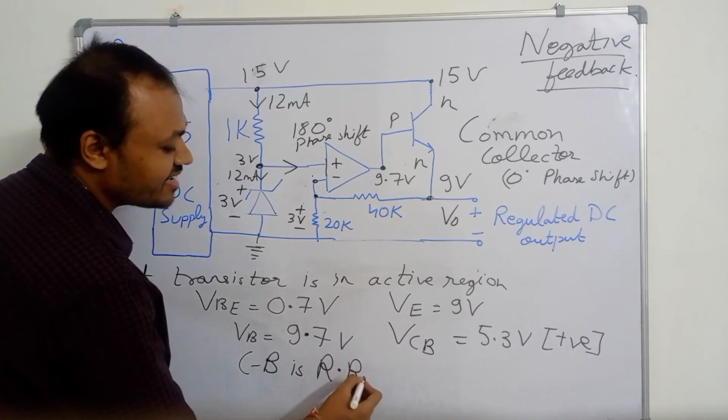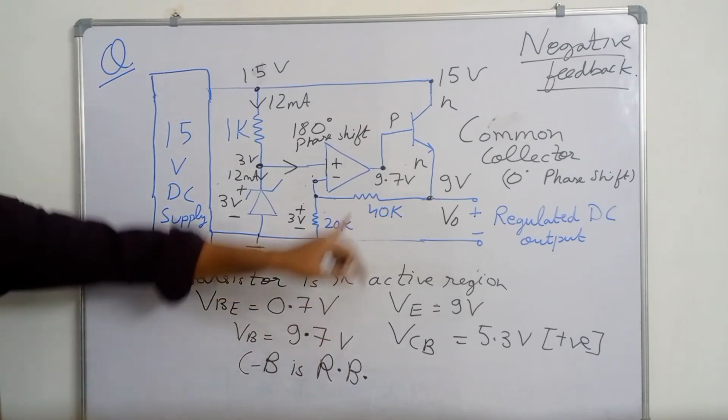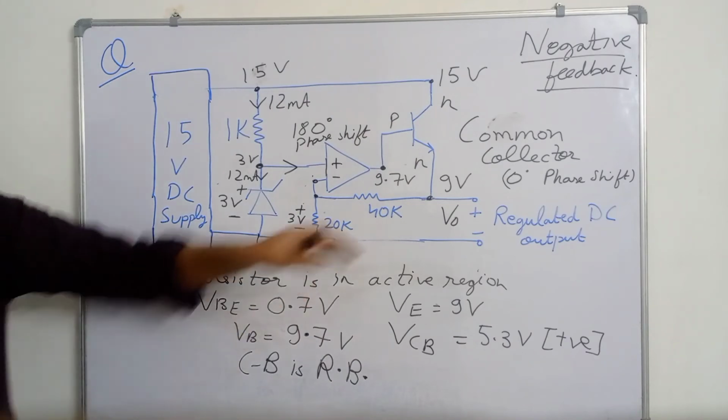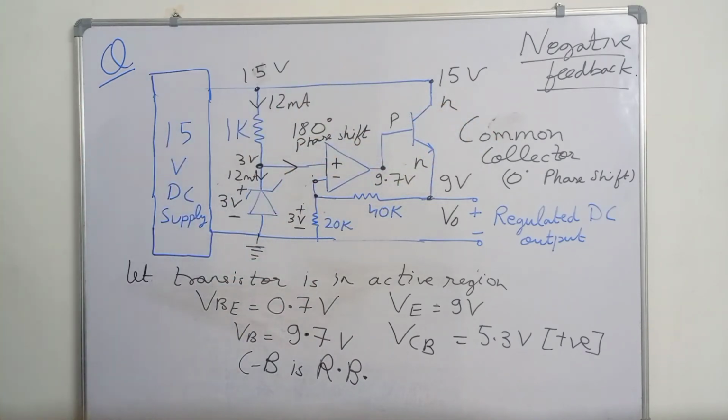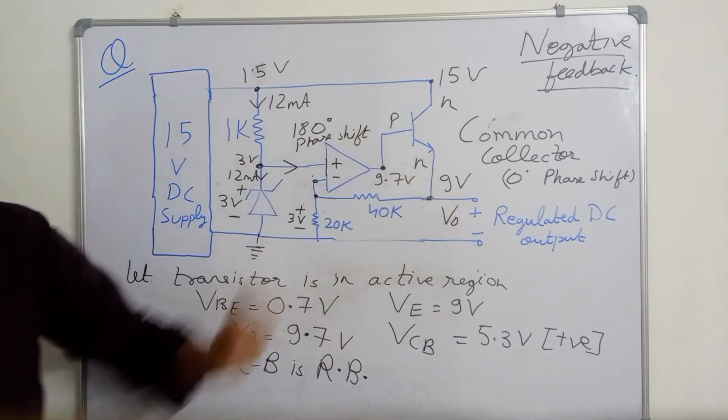Why can we say that the collector base diode is reverse bias? Because the voltage of the collector is more than the voltage of the base, and the collector is N and the base is P. So the voltage of the N terminal is greater than the voltage of the P terminal. So the collector base junction is reverse bias, but the base voltage is 9.7 volt and the emitter voltage is 9 volt.